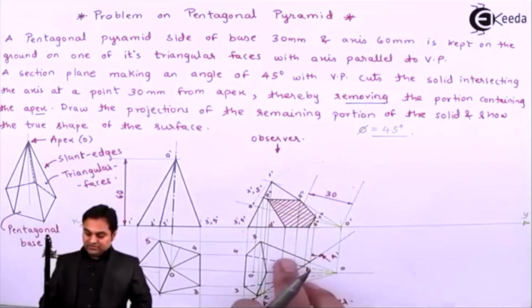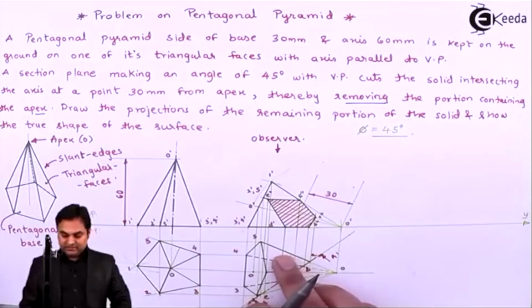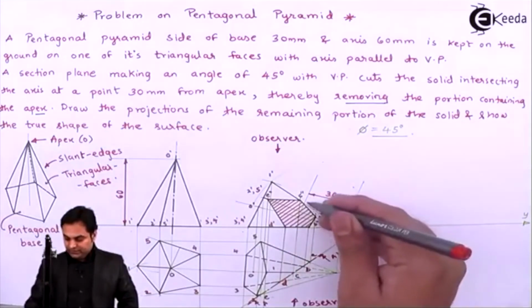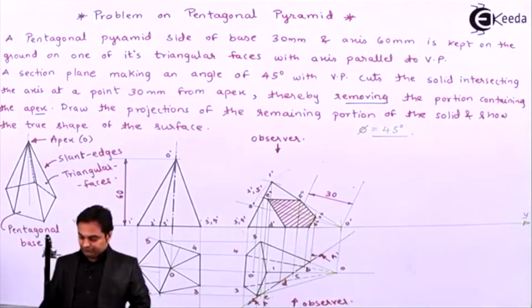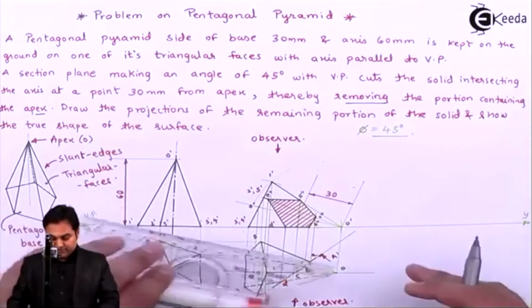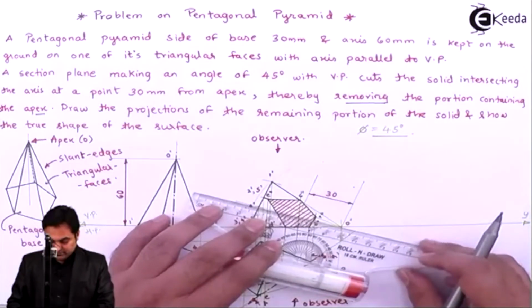So here is the sectional elevation, or we can say the sectional front view. Here the apex has been removed because the condition was given. Now, after getting this, I'll draw the axis as well.